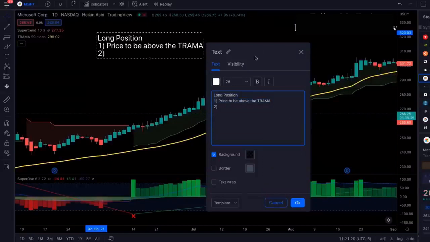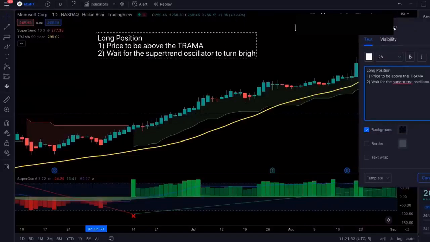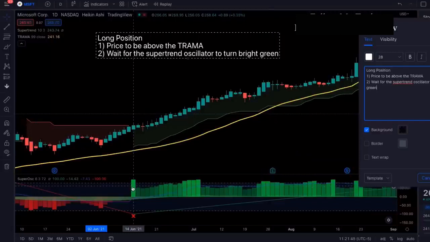Rule number 2, you're going to wait for the super trend oscillator to turn bright green. This is basically going to be your buy signal, when you get a super bright green candle over here.